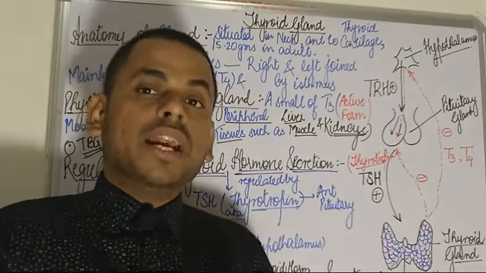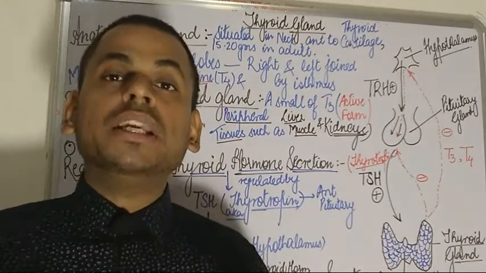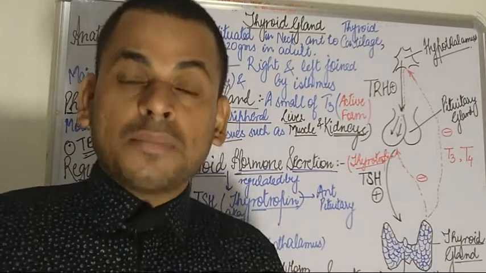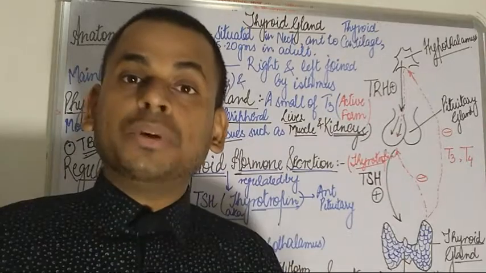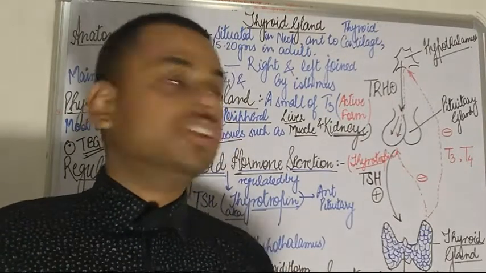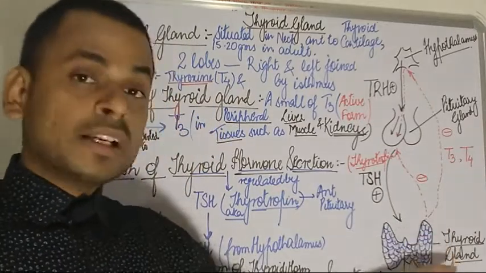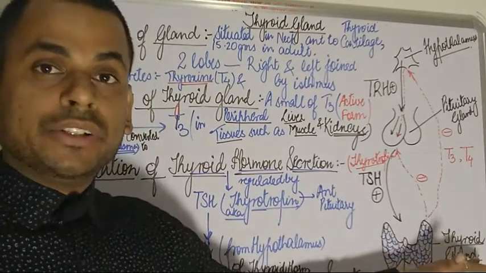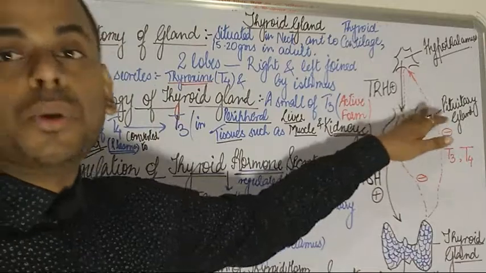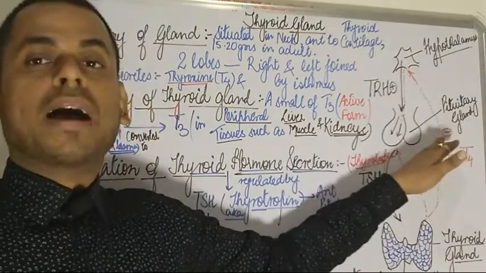So students, do remember that the secretion of the thyroid gland, that is thyroxine and T3, is under the strict control of the pituitary gland, which is the master gland.